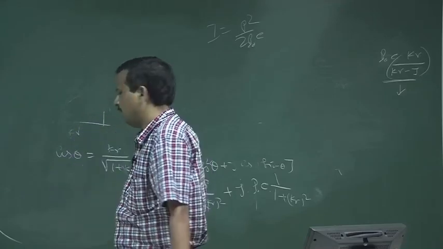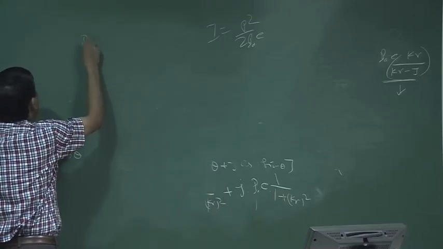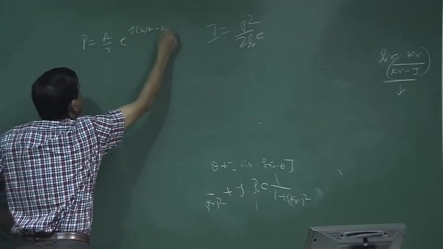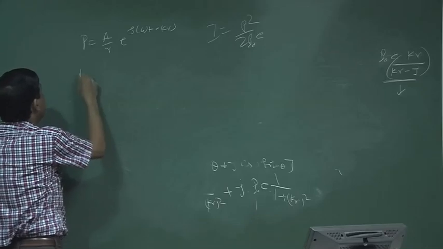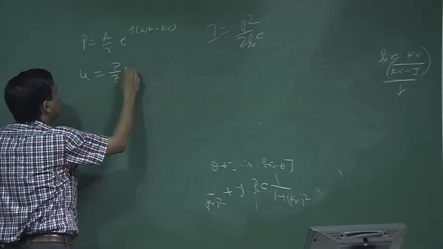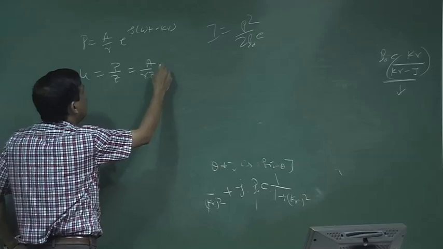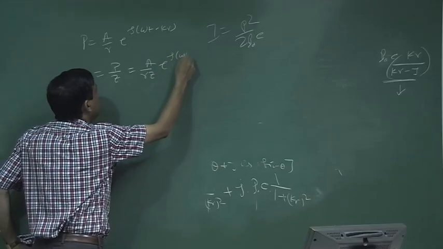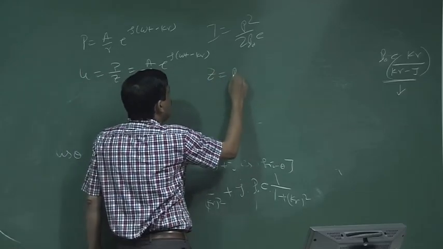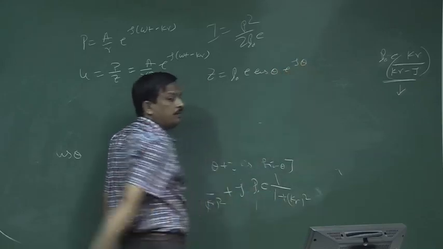Okay. So, let us consider that P is nothing but A by r e to the power j(omega t minus k r). And u is nothing but p by z, so it is A by r z, where z is the impedance, e to the power j(omega t minus k r), where z is equal to rho 0 c cos theta e to the power j theta.